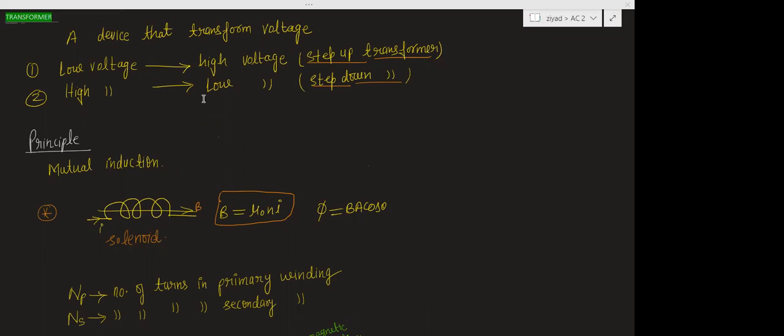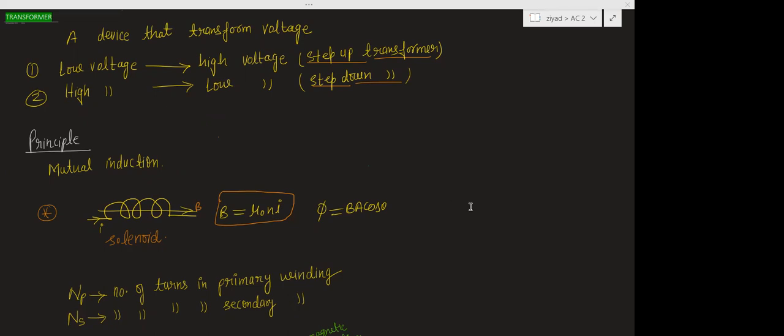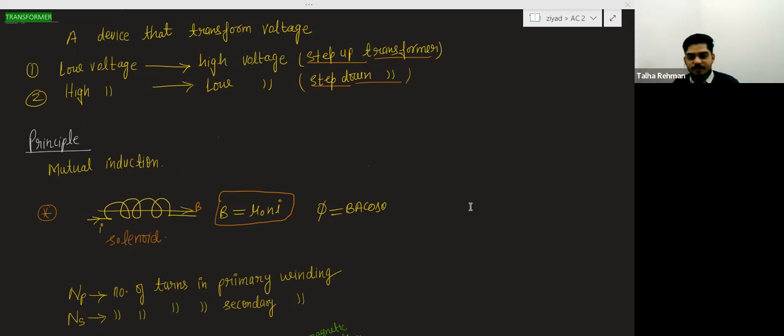Sunlight is a wave, and sunlight is basically an electromagnetic wave. From the name, electromagnetic wave, there is electric field and there is magnetic field. Oscillating electric field and oscillating magnetic field will be there in the case of the electromagnetic wave.